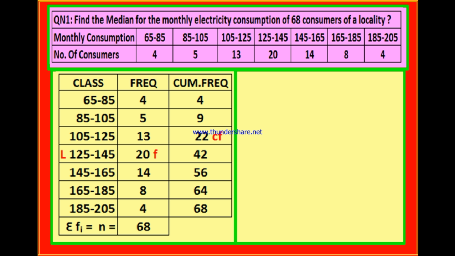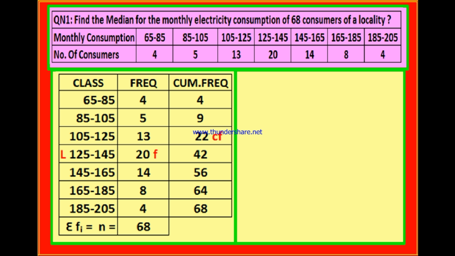In the cumulative frequency column, all these values are less than 34, and this is the class in which the cumulative frequency is just more than 34. Therefore, this class is called the median class. In the distribution, the class in which the n by 2 score lies is called the median class.